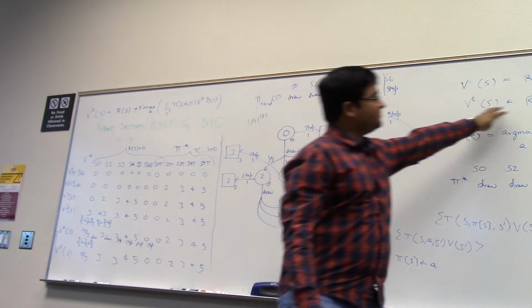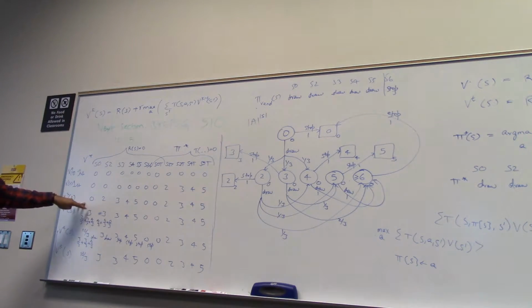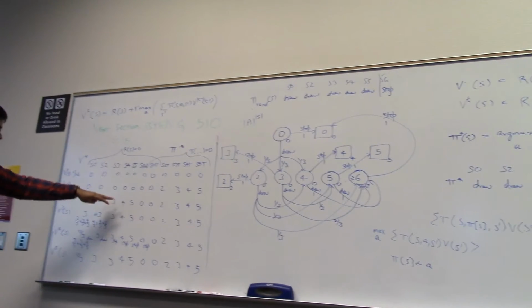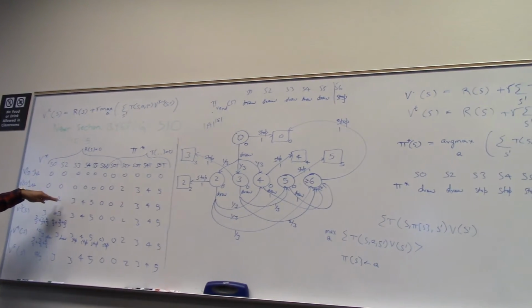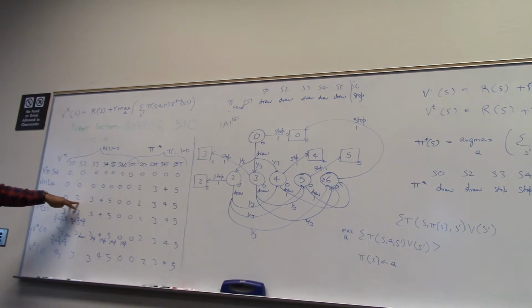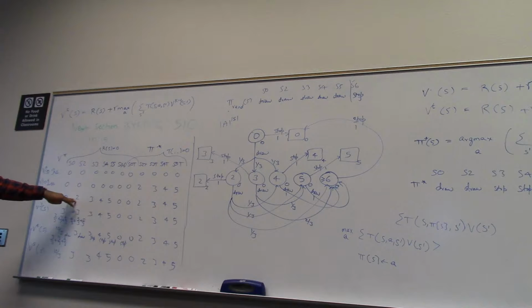V(s) is R(s) plus something, so these will be 2, 3, 4, 5. Then here for the draw action, what will happen? This will stay 0 because all these are 0. If you draw, this will become how much? 0 only.